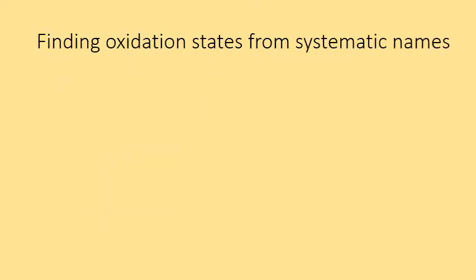Okay, lastly, let's have a look at systematic names and how that interacts with oxidation states. In this context, when we're talking about systematic names, what we mean is the Roman numerals.